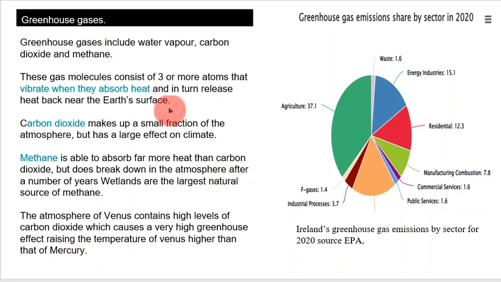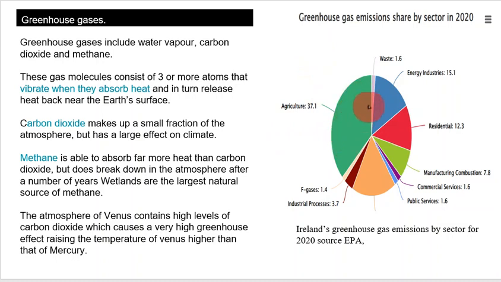So these greenhouse gases can be a problem. Here we have greenhouse gas emissions share by sector. These gases are produced all the time in many different ways. If we think about growing and making our food in agriculture, that contributes a big amount of greenhouse gases.